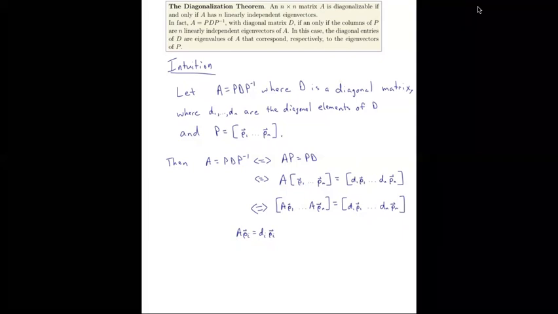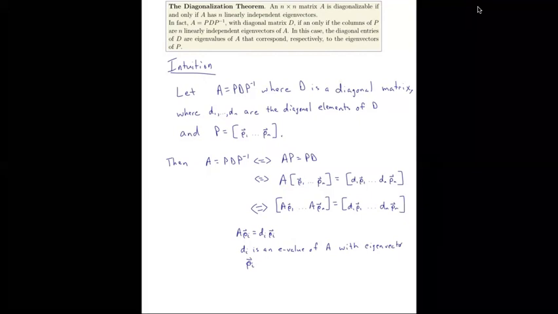So in this case, we have that Di is an eigenvalue of A with eigenvector Pi. Right? And that's true for all of our 1 through n columns of P here in the diagonal elements.